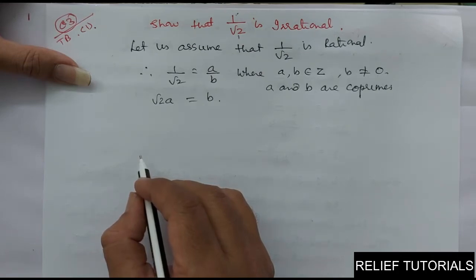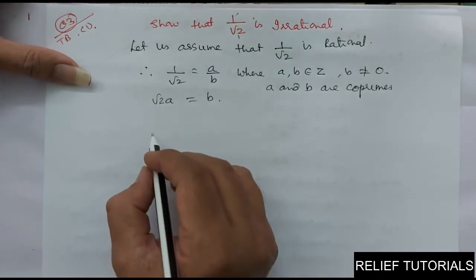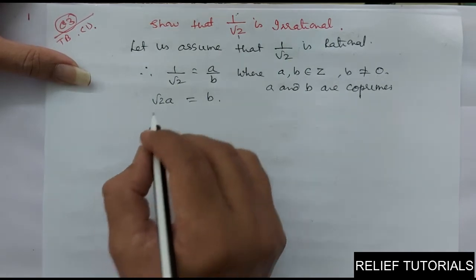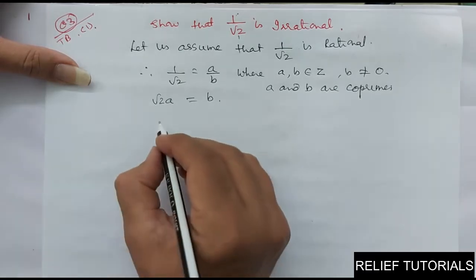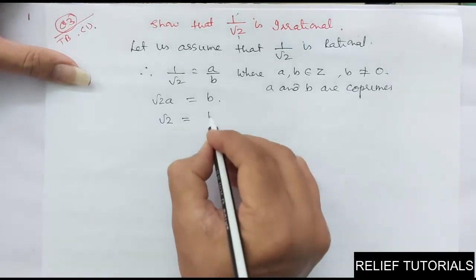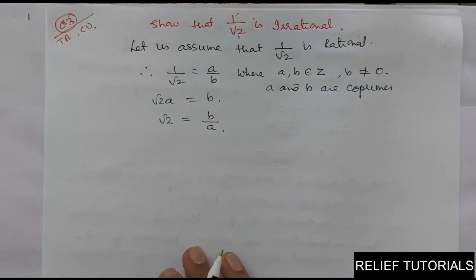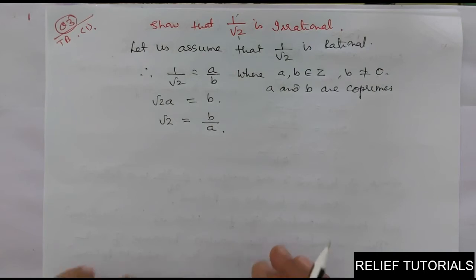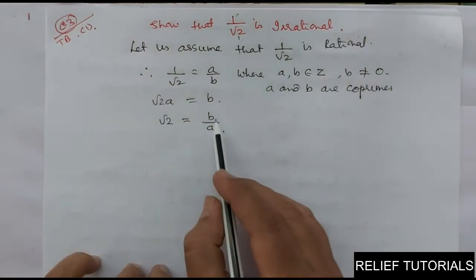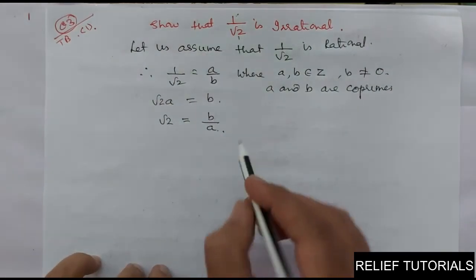Clear? So now root 2 is equals to b by a. We got root 2 is equals to b by a. So now here you can say okay, b and a are integer.